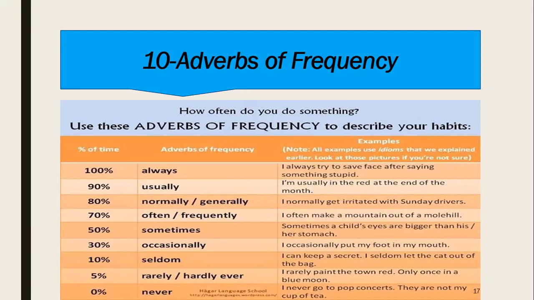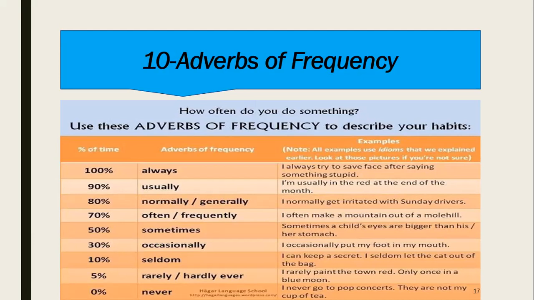So if the verb is repeated all the time, we use always, and you can say always or always. Both are correct. Always American, always British. Both are correct. All the time, always, nearly all the time, usually, 90%.